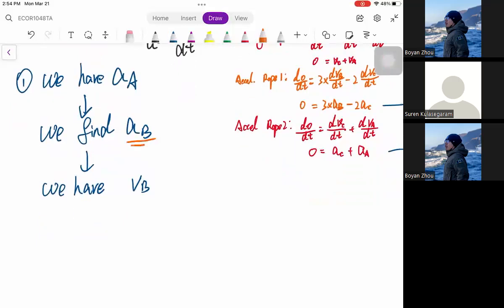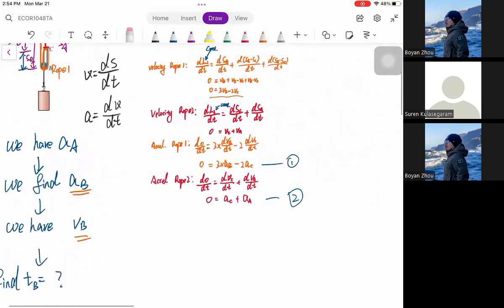Then with the acceleration and the velocity, we can easily find out the time for point B to reach this velocity. So we can get this one. Find VB is equal to what?